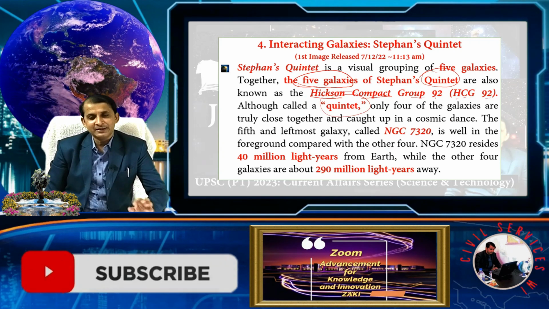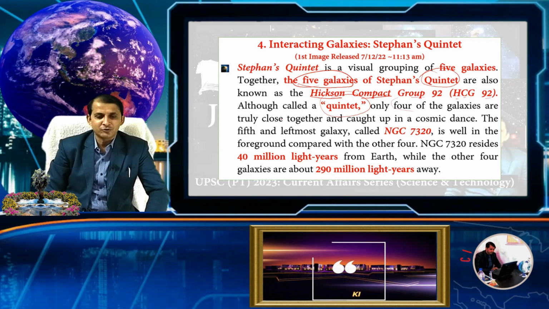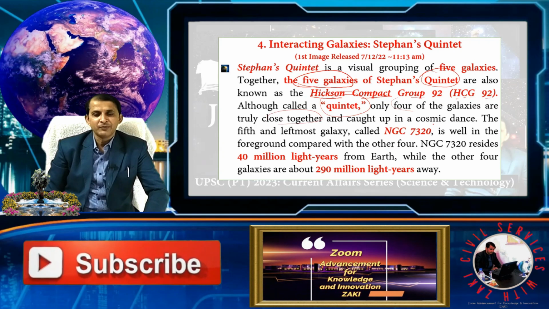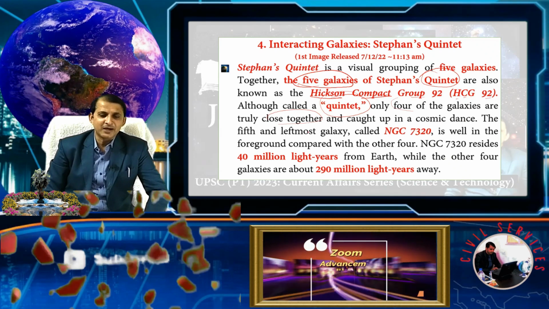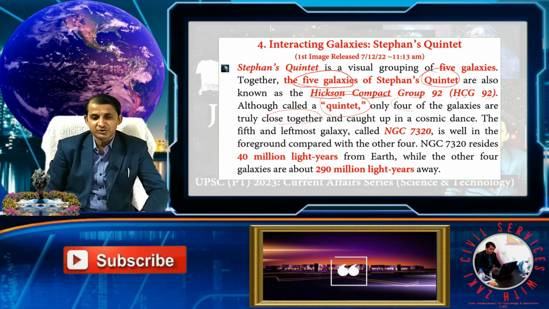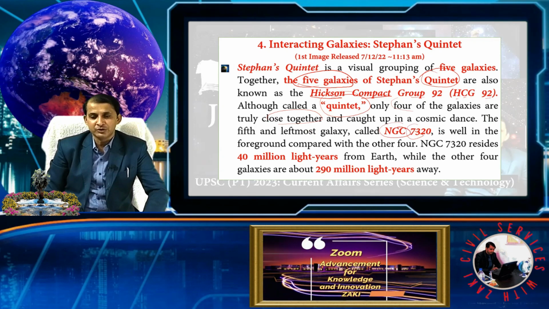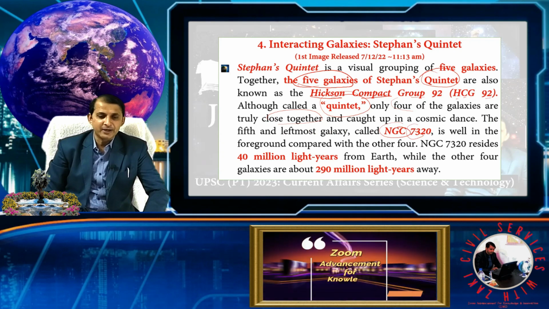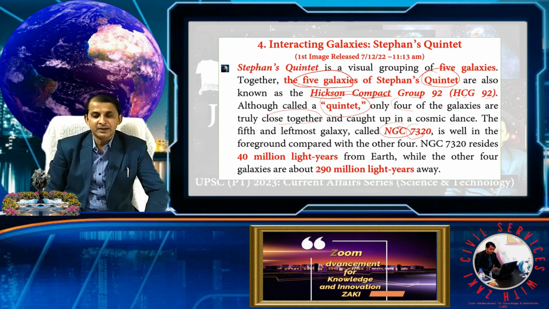Although called a Quintet, if you see closely, only 4 galaxies are truly close together in the cosmic dance. The fifth and leftmost galaxy, NGC 7320, is well in the foreground compared with the others.